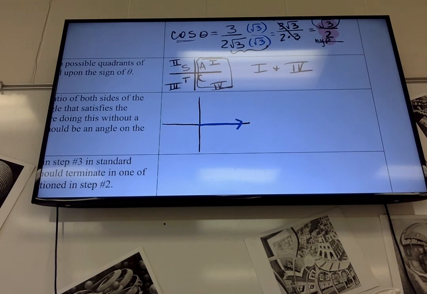In quadrant 1, that's got to be a 30-degree angle in order for adjacent to be square root of 3 and the hypotenuse to be 2.